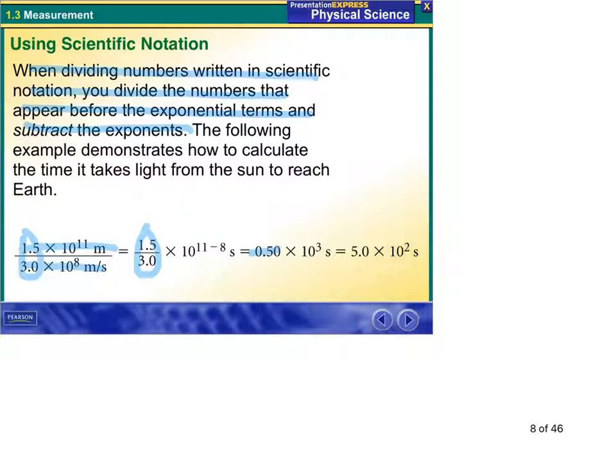We subtract the exponents, illustrated there, and get 10 to the 3rd. Again, a little adjustment. We don't want 0.50, we want 5.0, so we move our decimal one spot, making this number bigger. We've got to make the exponent one smaller. So 5 times 10 to the second seconds, or 500 seconds.